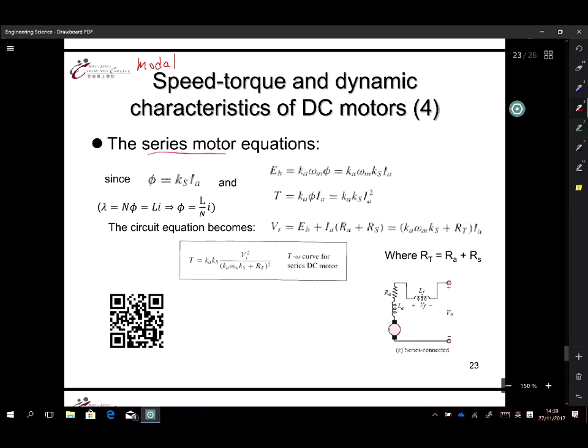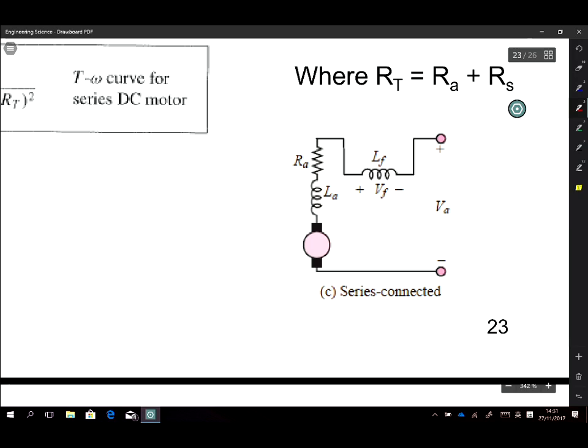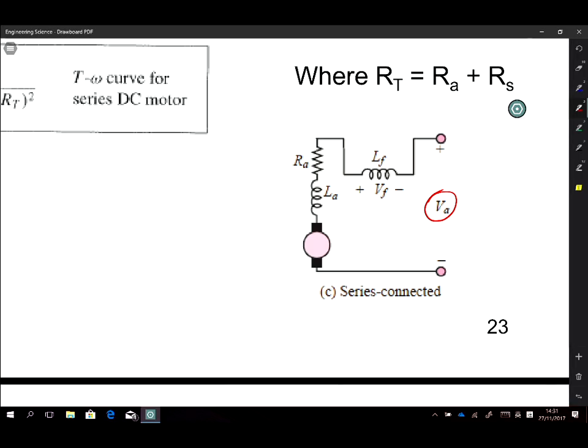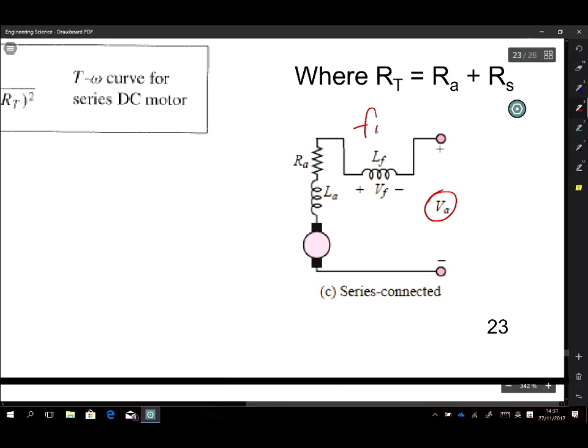Now the meaning of series motor is that, as you can find in the picture, we now have a single voltage, VA. This single voltage, we supply to both the field at the stator and also the armature.